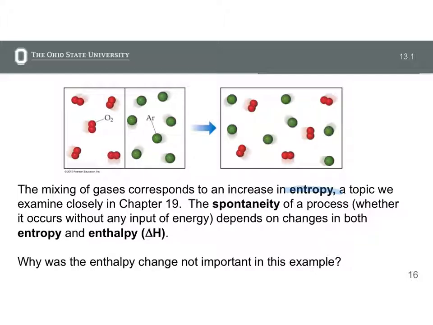Entropy is sort of referring to the spontaneity of something to happen. How spontaneous is the process? Does it occur without any sort of force behind it or any sort of heat behind it? The mixing of gases is a spontaneous process. No input of energy is required. So entropy is one of the factors.